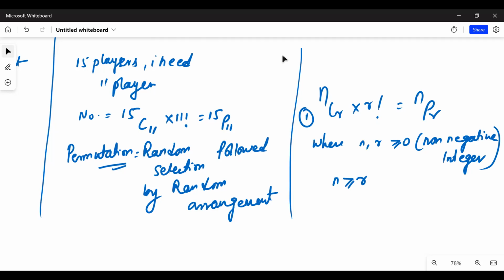Well, if you have 10 objects, you cannot choose 11 objects, right? So the value of r will always be either equal to n or less than n. Any doubt, anyone? This is question number 6 of exercise 5A. So far, does anyone have any doubt? Please ask me. No, sir.